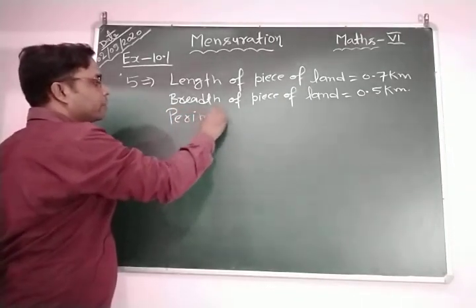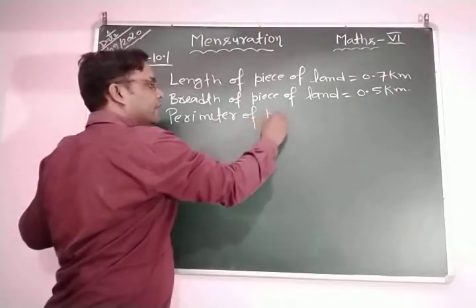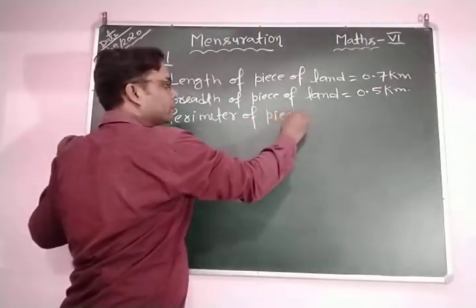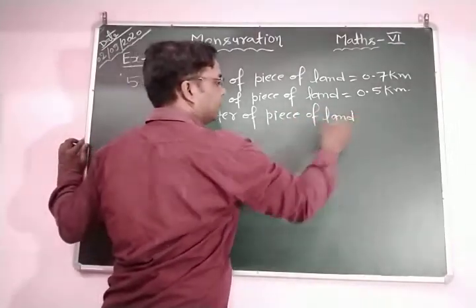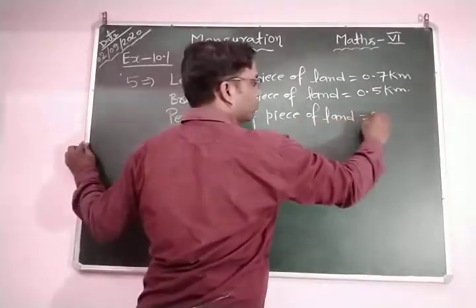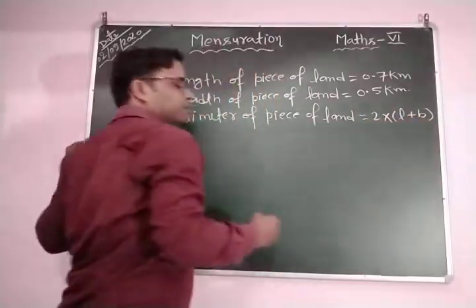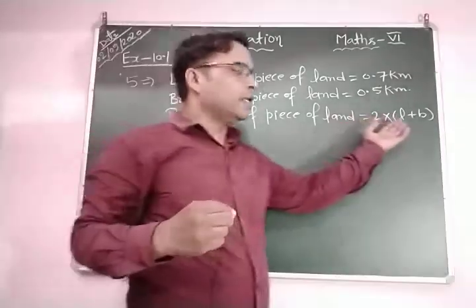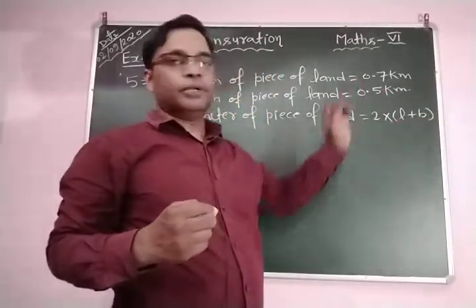The perimeter of the piece of land is equal to 2 into (L plus B), where L represents length and B represents breadth, and the length and breadth are given here.